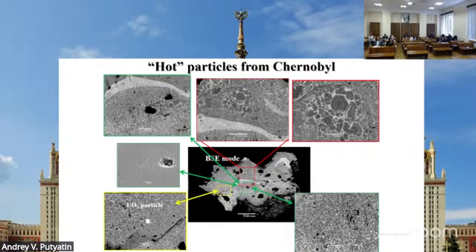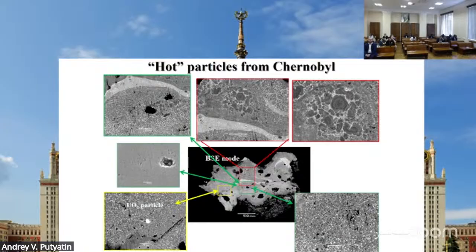You see features indicating very rapid cooling or quenching of the material which was expelled from the reactor, with formation of crystallographically oriented lamella of decomposed solid solution. You have numerous white dots. White dots are just uranium dioxide, which was expelled from the matrix.